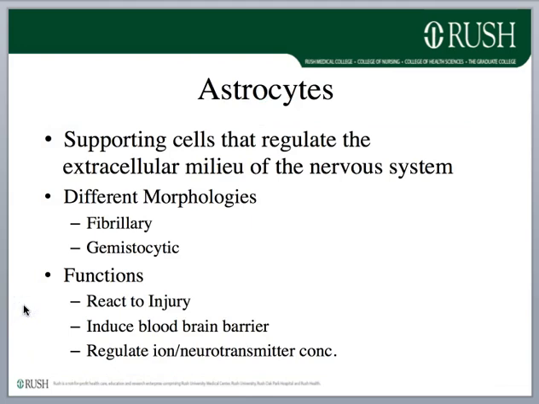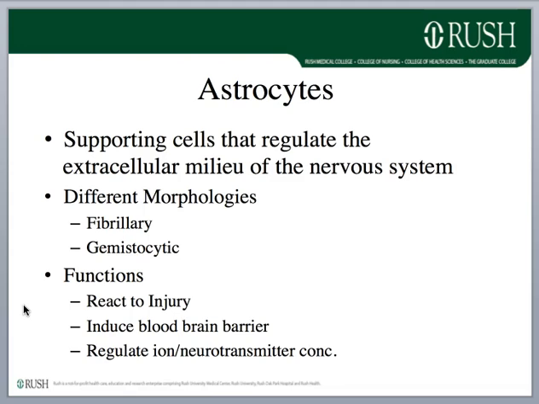Okay, the next cell that I'll talk about are astrocytes. These are supporting cells that regulate the extracellular environment of the nervous system. They have some different morphologies, and I'll show you examples of these. These are fibrillary astrocytes and gemistocytic astrocytes.